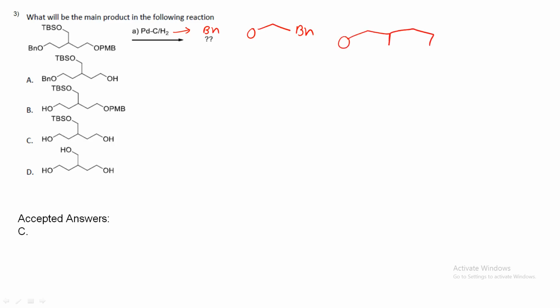So it is OBn protection, benzyl. And what other groups are present? PMB is present, so let me write that also. This is PMB, para-methoxy, ortho-para. So this is PMB, and this is OBn.